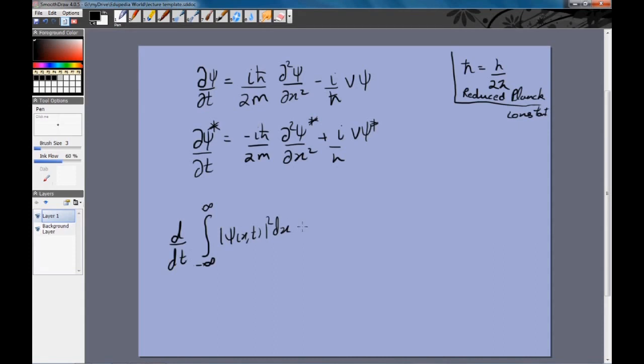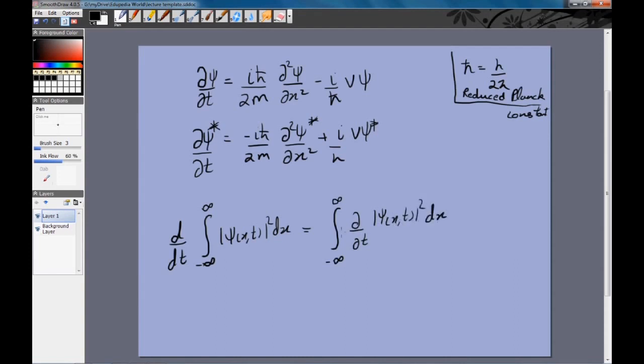But we can actually take the derivative inside and apply it on mod of psi of x squared, but then it will become a partial derivative because this is a function of x as well. So this can be written as the integral from minus infinity to infinity of del by del t of mod of psi of x comma t whole squared dx.